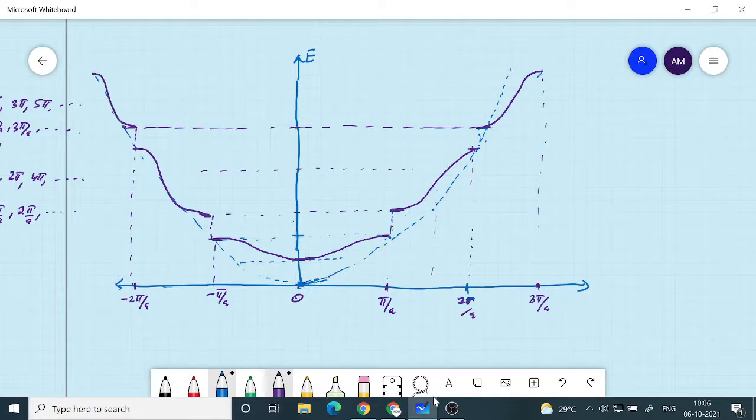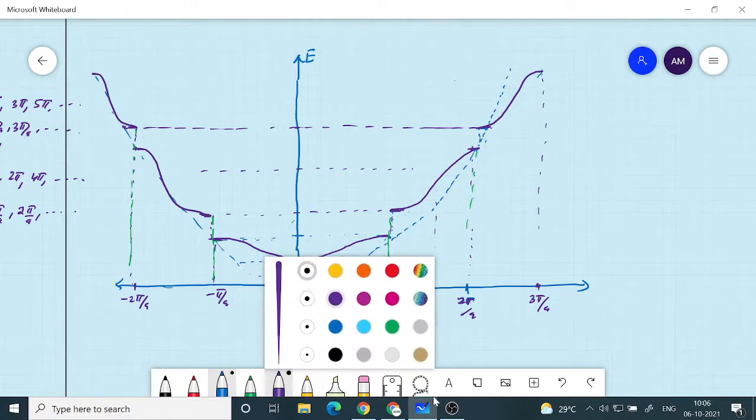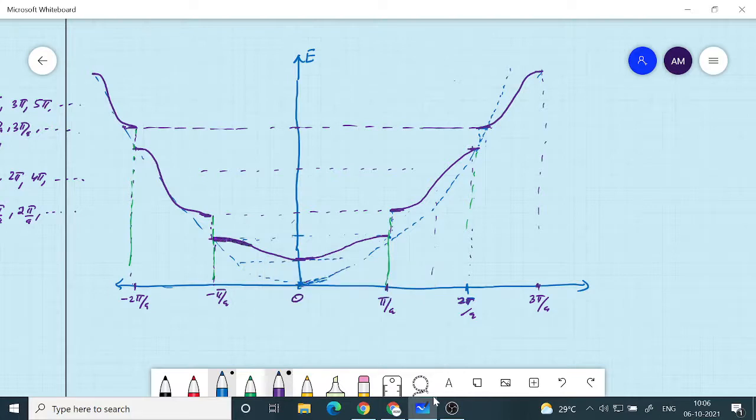Okay, I have drawn 3 bands. So the first band is the first region. Okay, so this is band 1. Maybe I will increase the thickness of this, so this is the first band.